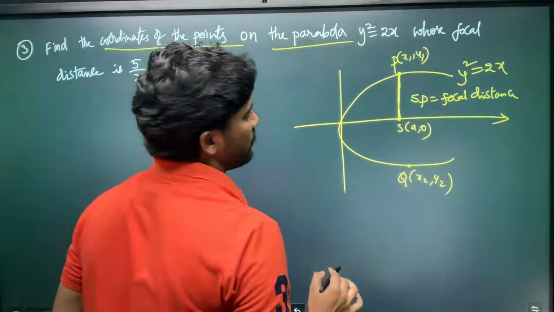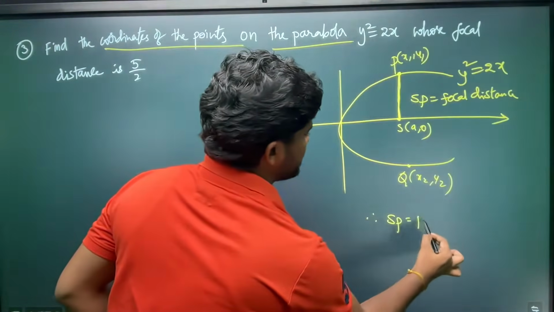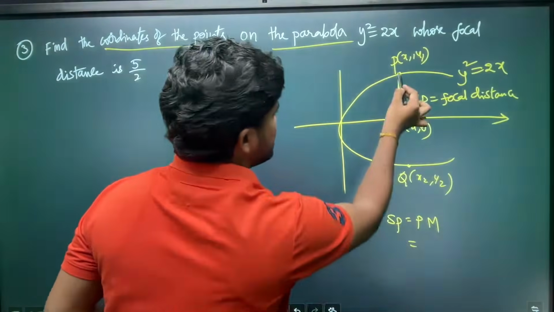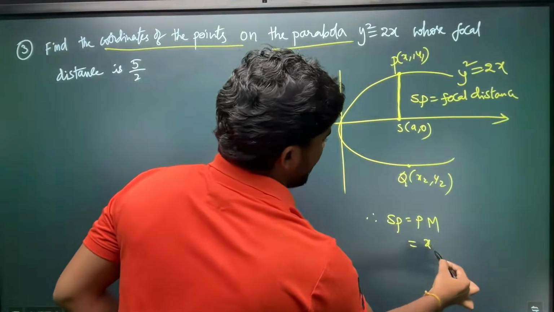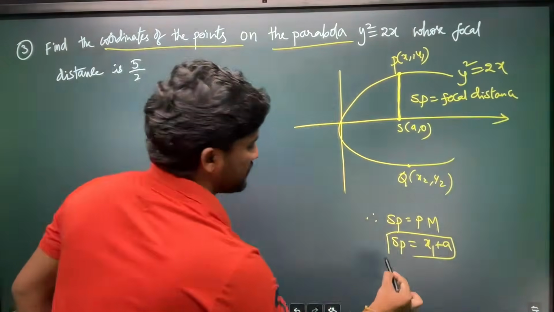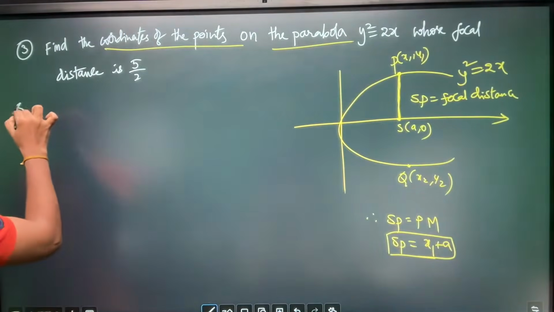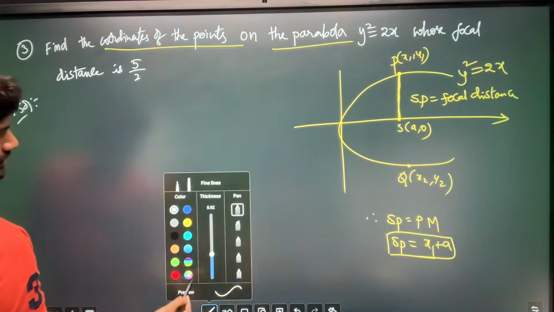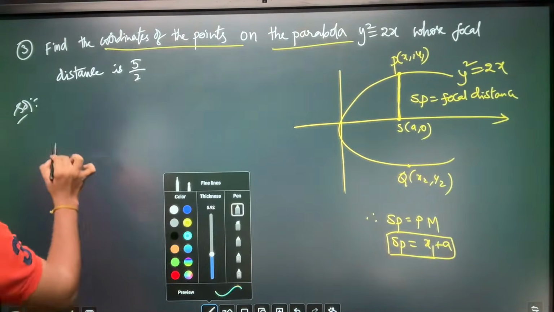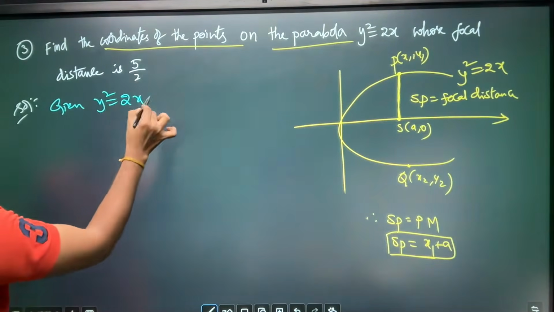Then what is the formula for a parabola? You know very well, for a parabola SP is equal to PM, the perpendicular distance from the point, so what do we write? x1 + a. SP is equal to x1 + a. This is the focal distance formula for us. So first of all, ma, given y² is equal to 2x, compare this, ma.